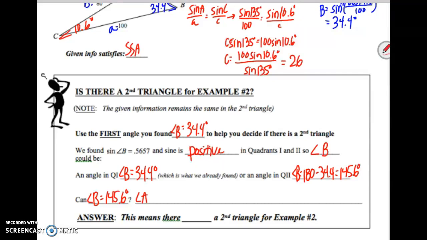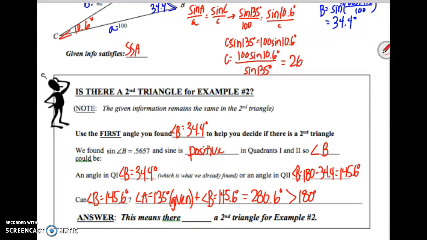So if angle A equals 135 degrees, because it was given, and we add angle B, which would be 145.6 degrees, that ends up equaling 280.6 degrees. 280.6 degrees is greater than 180 degrees, and we know that the three angles of a triangle can only add up to 180 degrees.